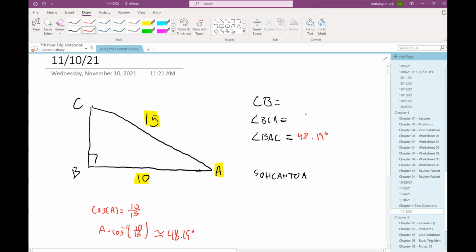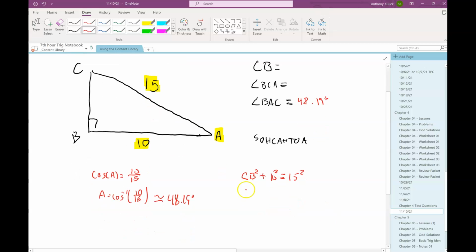The thing you have to be careful of, though, is when we have a squared plus b squared equals c squared, what does c have to be? Hypotenuse. So we have to write it this way, right? Where the 15 squared is by itself. And then 15 squared is 225.